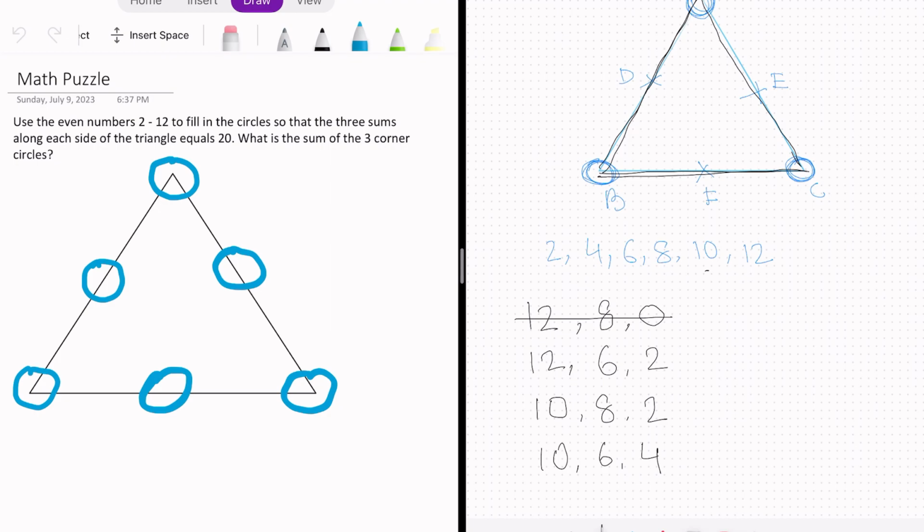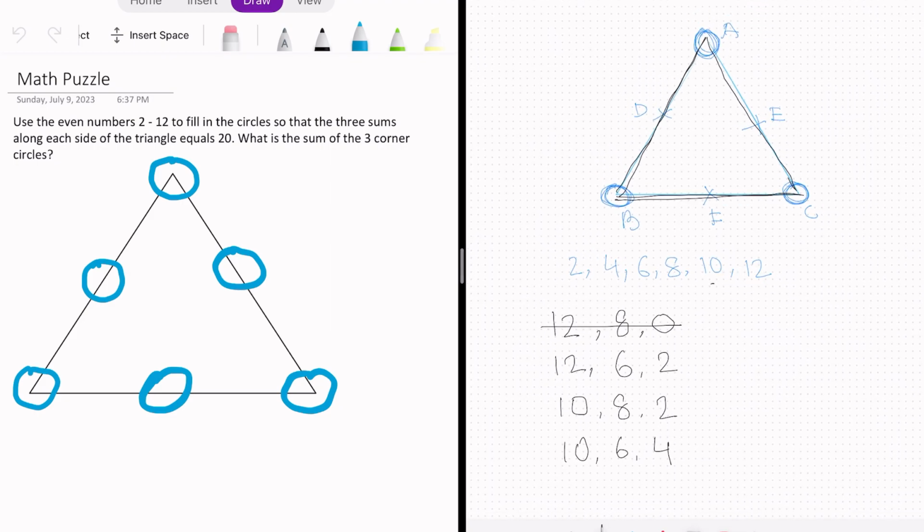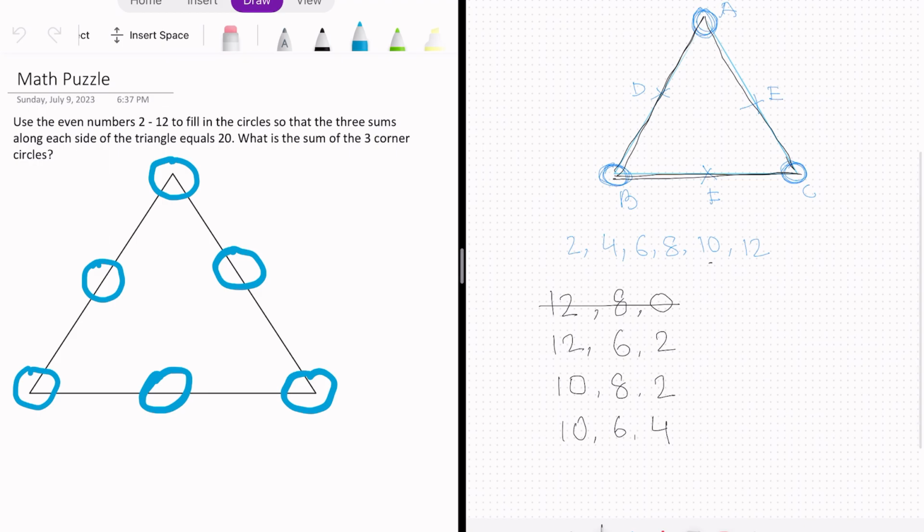And we have to find a way in which these numbers could be fit into the points A, B, C, D, E, and F. We have one combination in which we have a repetition of 10, and another combination where we have a repetition of 2.